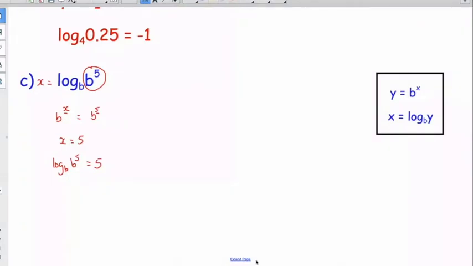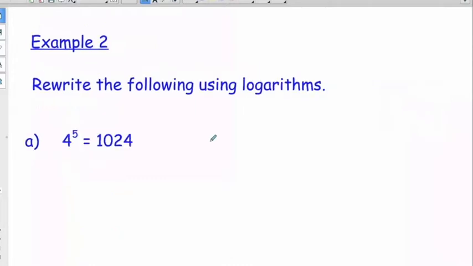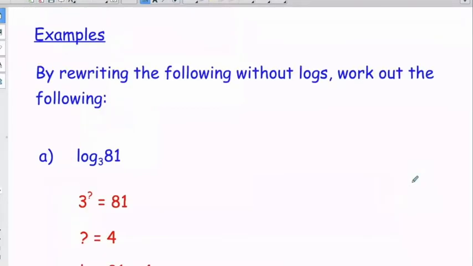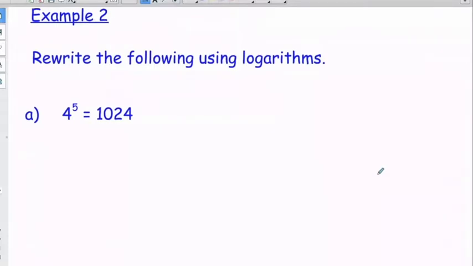So my next few examples are going the other way, and I've taken away my little cheat sheet because you're not going to have this available to you all the time. You're going to need to be able to work with this yourselves. So if we have a look at this one, 4 to the power of 5 is equal to 1024. Now that's just a fact. That is true.